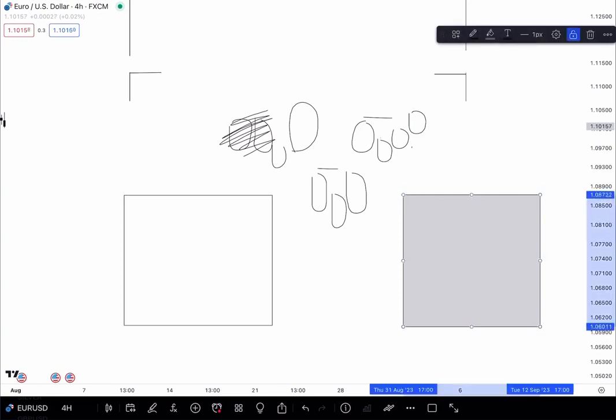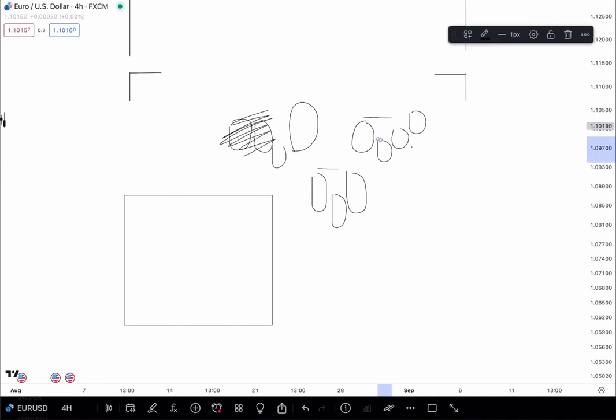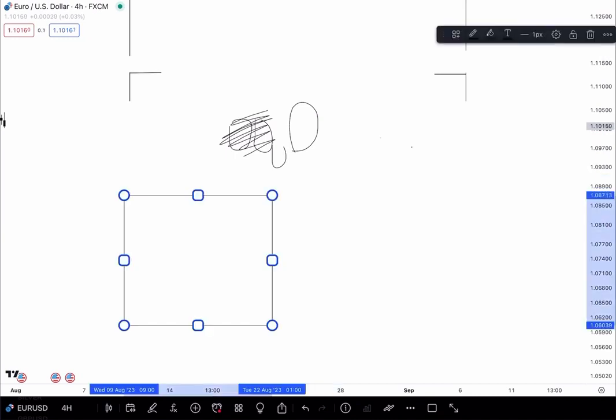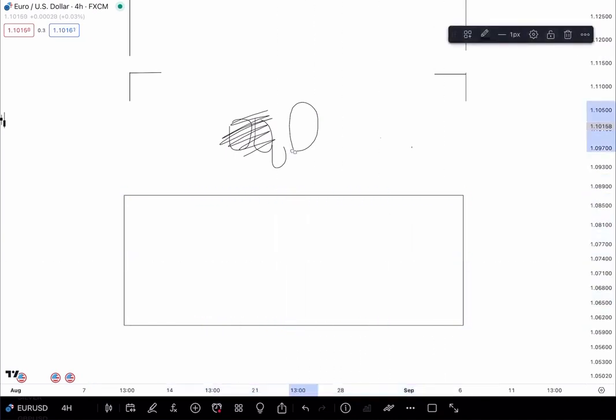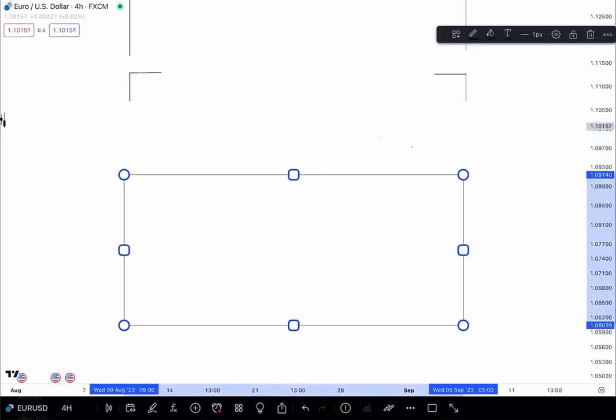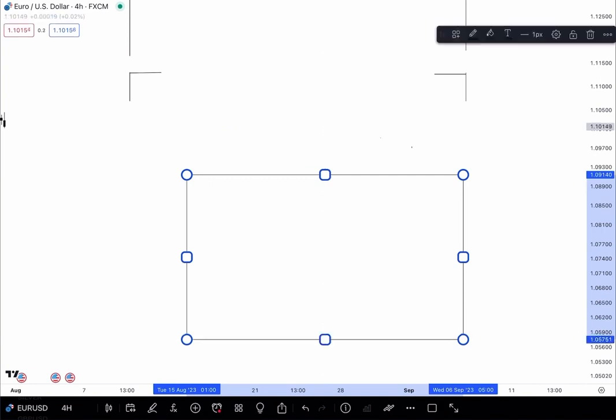Now, let's dissect the OLHC or OHLC. We have two fixed values, and we have two moving variable, continuously changing values, right?